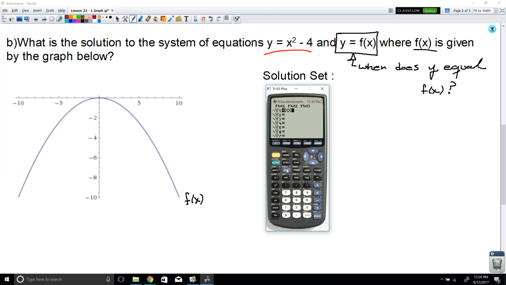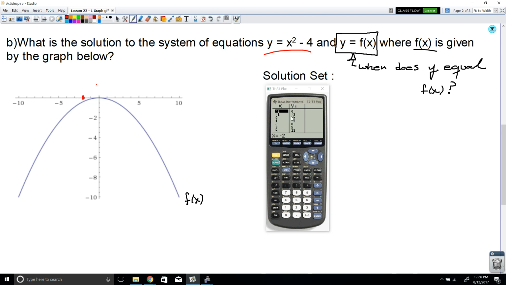So we're going to have x squared minus 4. Second, the table. Let's get the table values. Let's get some of those points out here. So we're going to get negative 2 comma 0. So that's about right here.